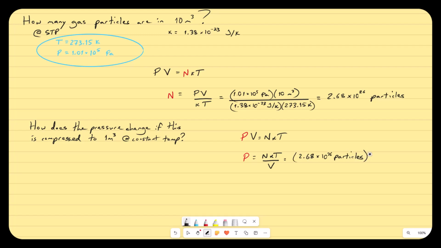So I've got my Boltzmann constant, joules per Kelvin. I've still got my same temperature.